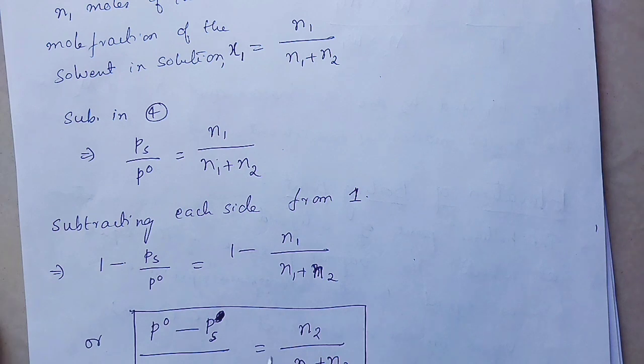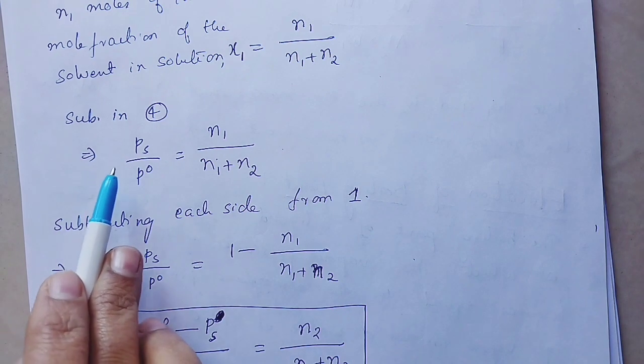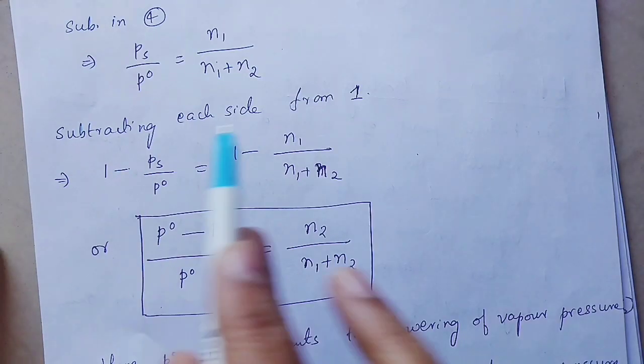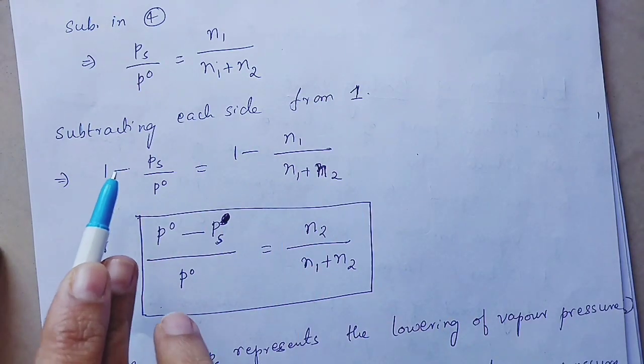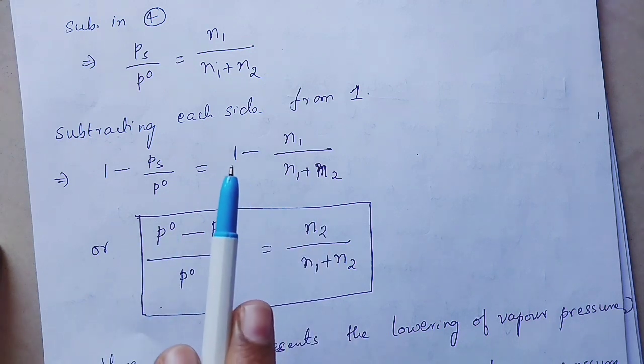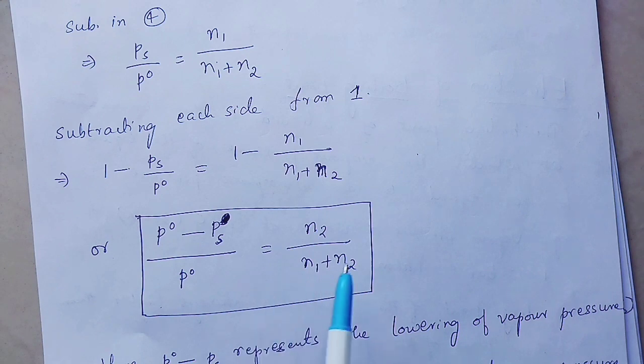Now we have to subtract both the sides from 1. So we get 1 minus PS by P naught is equal to 1 minus N1 by N1 plus N2. If you simplify this, we get P naught minus PS by P naught is equal to N1 plus N2 minus N1 divided by N1 plus N2. What is that? N1 will get cancelled with each other. So we get N2 by N1 plus N2.